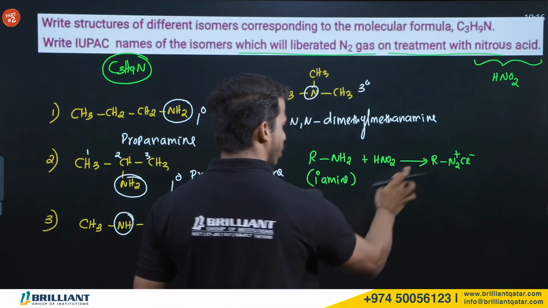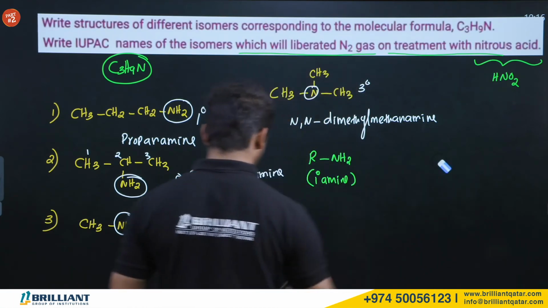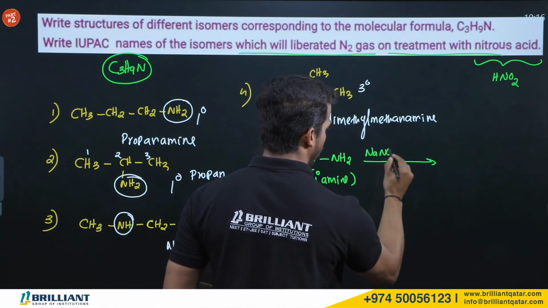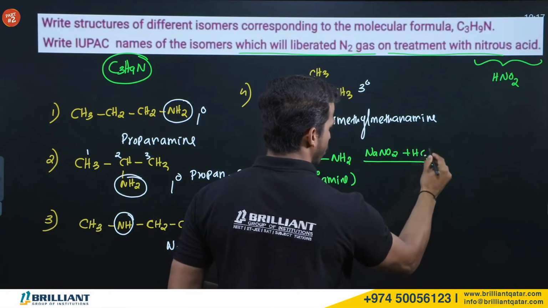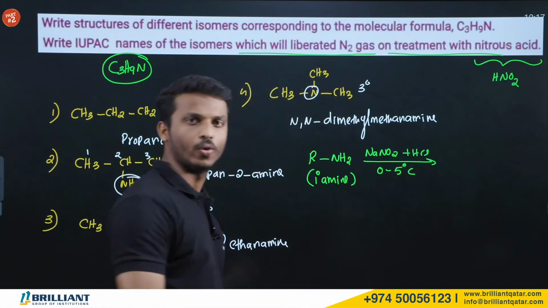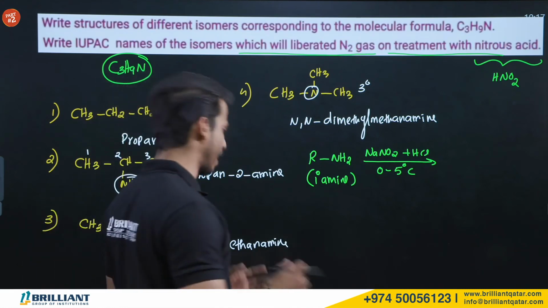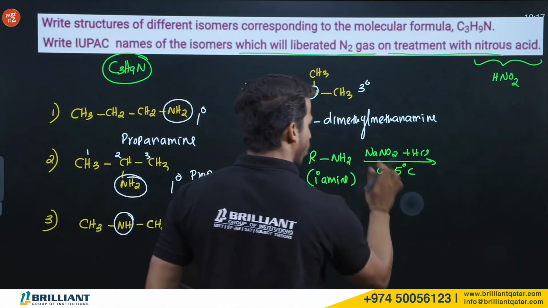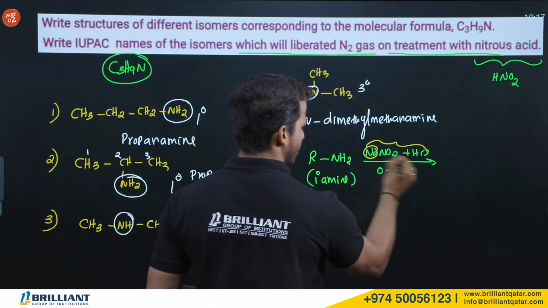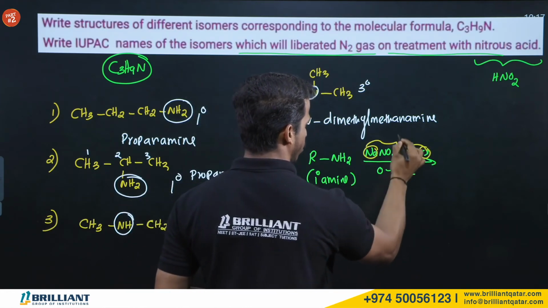Actually, instead of HNO2, most commonly we write the reagent as NaNO2 and HCl, sodium nitrite and HCl at 0 to 5 degrees Celsius. This is called diazotization. Actually, NaNO2 and HCl react together, what will you get? NaCl and HNO2, right?